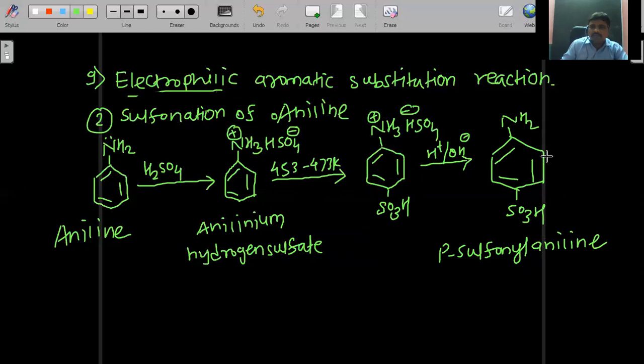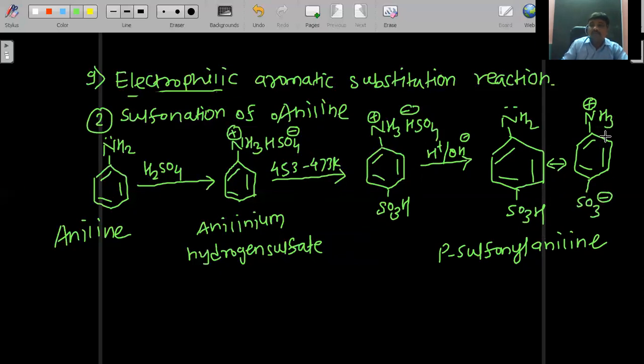Now sometimes this hydrogen is shifted towards this nitrogen. So what happens here? NH2 gets converted into NH3 and nitrogen carries positive charge. And here what is remaining? SO3 minus.